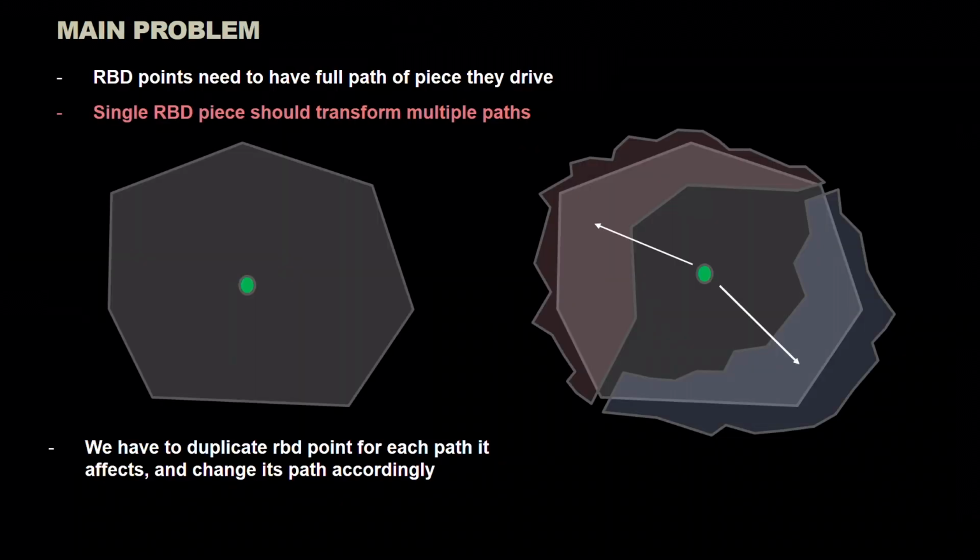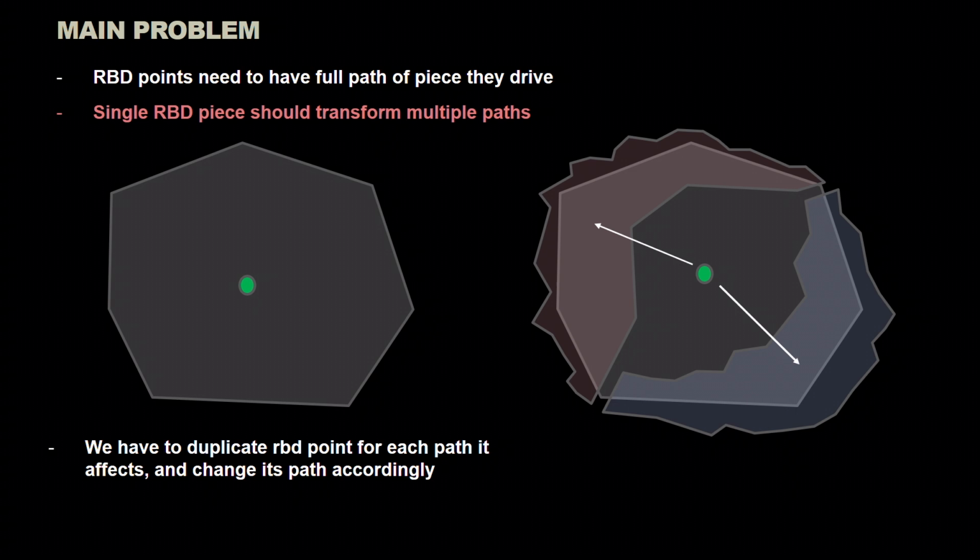Okay, so the next step is very complicated. This is the main problem: how to marry these two. RBD points need to have the full path on the pieces they drive, and that means a single RBD piece should transform multiple of these.